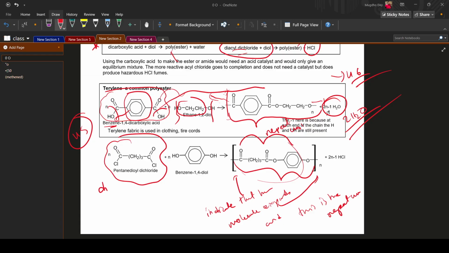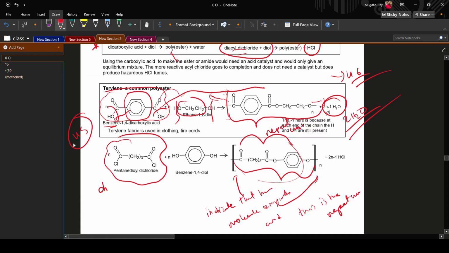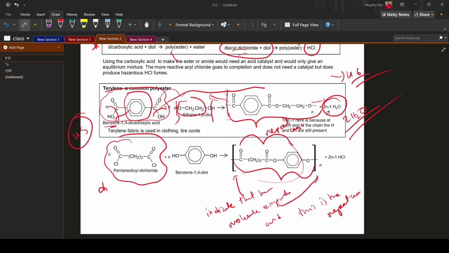Somebody wanted to join but left again. I don't know why. Okay, anyways, let him join again, then we'll see. So this is pentanedioyl dichloride. Hello Rakshit, can you hear me?